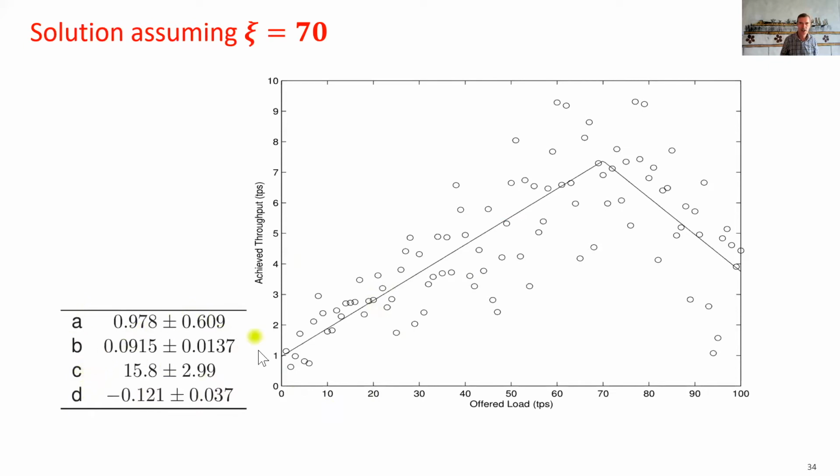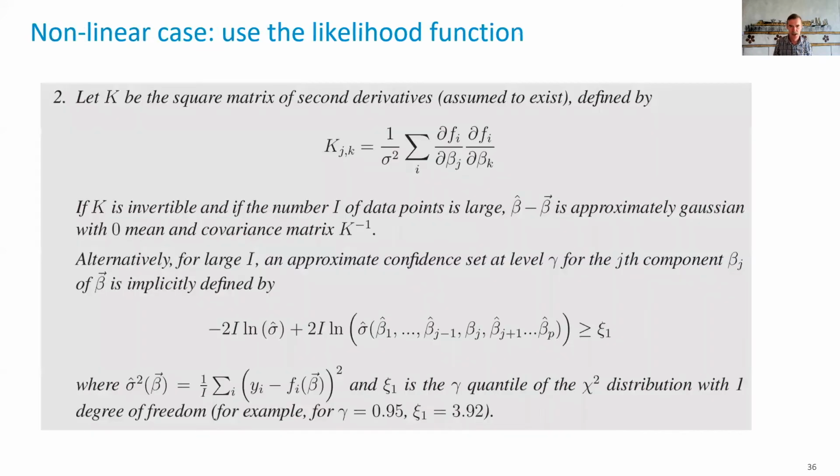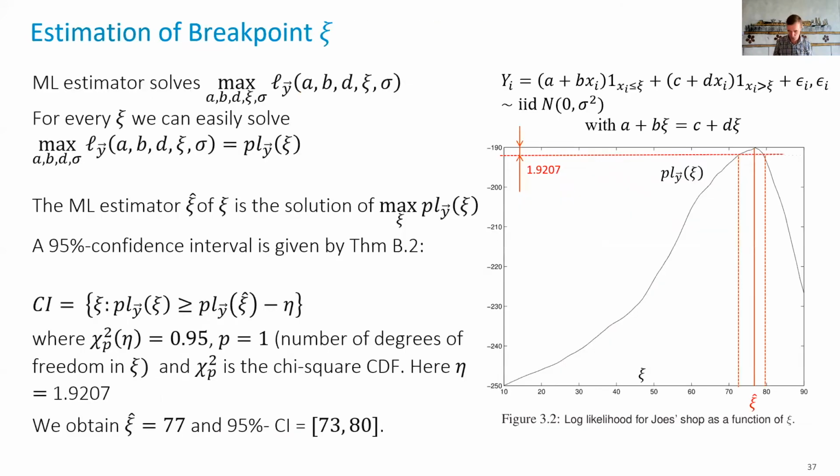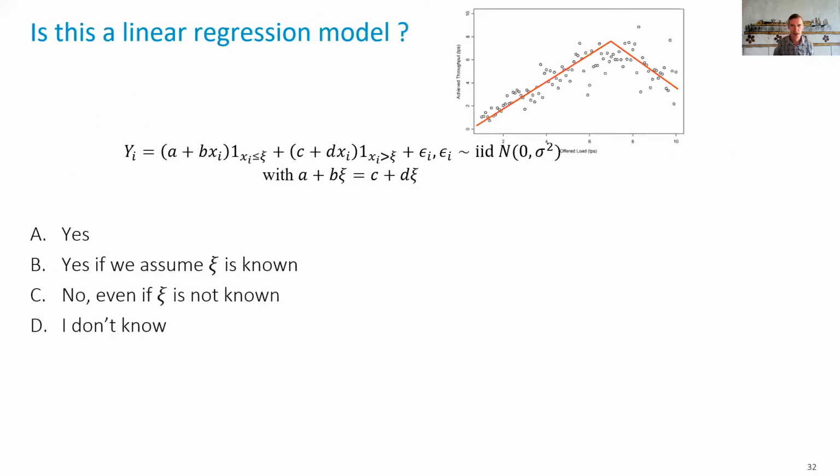Then I can obtain 95% confidence intervals for A, B, C using the formulas we just saw before. And for D, well, D is a linear combination of A, B, C, so I can use the variance covariance matrix to obtain the confidence interval for D here. So this is exactly what it will give us here. And perhaps the thing we're interested in is the slopes.